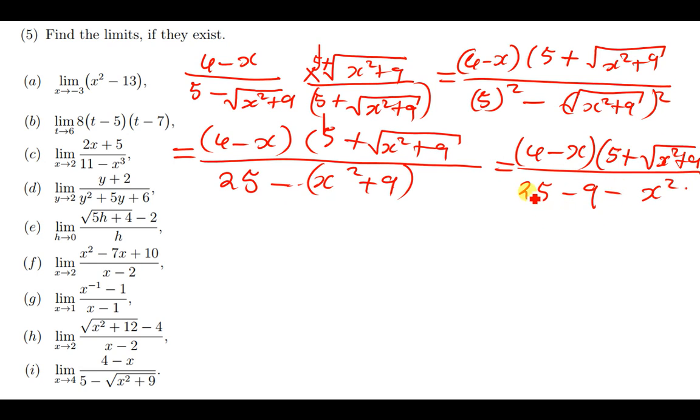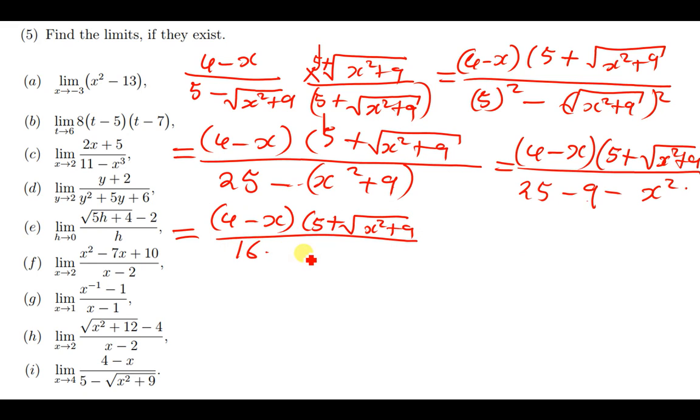So 25 minus 9, the answer is 16. So I have 16 minus x squared, and on the numerator, 4 minus x, then we have 5 plus the root of x squared plus 9.